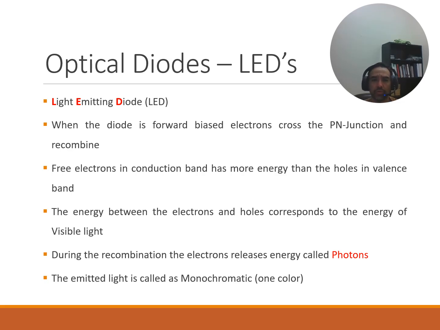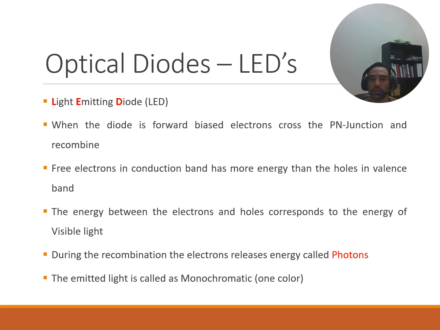That difference in energy correlates to visible light. The energy difference between the electrons and the holes is just the right amount to create visible light, photons, the light we can see with our eyes. This is why LEDs give off light when the electrons move around inside them.